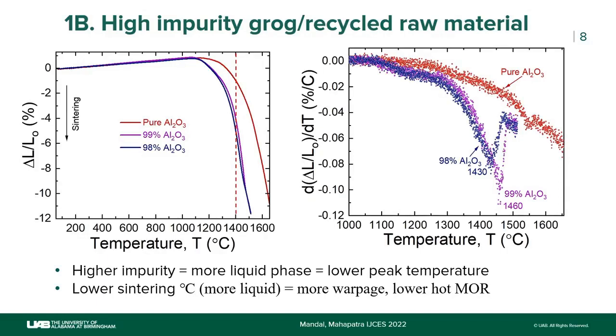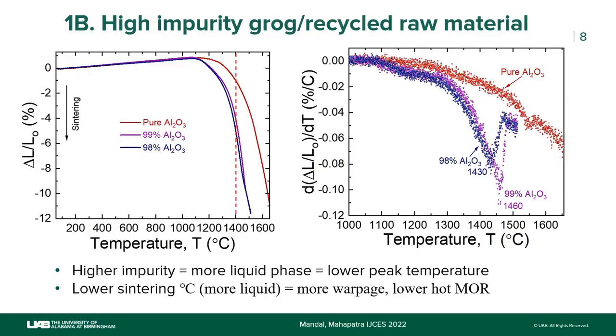I added B2O3 and TiO2 just to simulate a used slide plate from the steel industry. So it will obviously have some iron impurities which will form liquid phase in it. And what you see here is that at the same temperature, let's say 1400 degrees Celsius, the shrinkage is much higher, meaning it is sintering much faster.